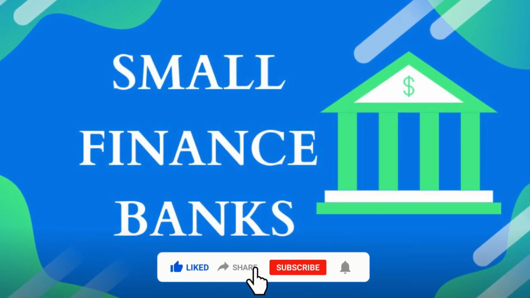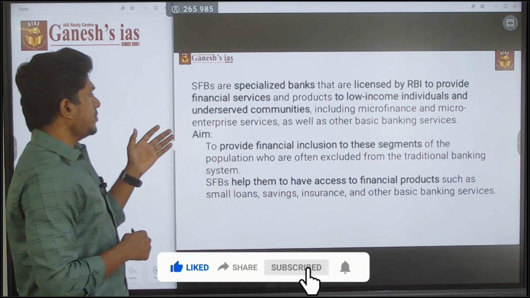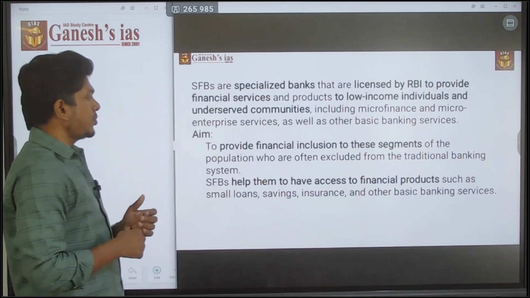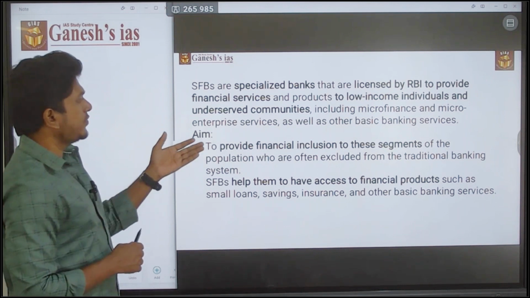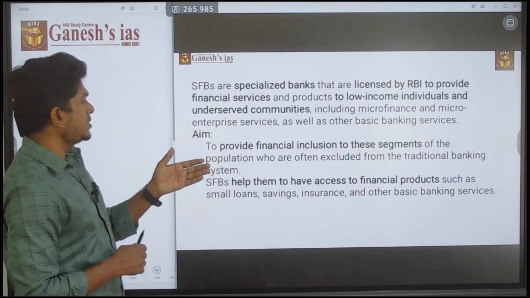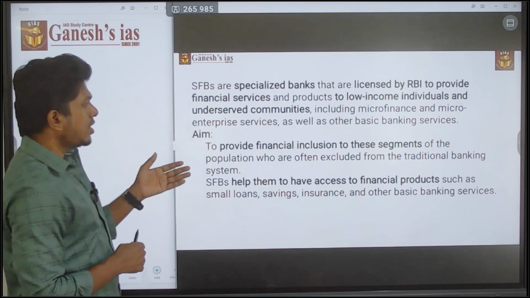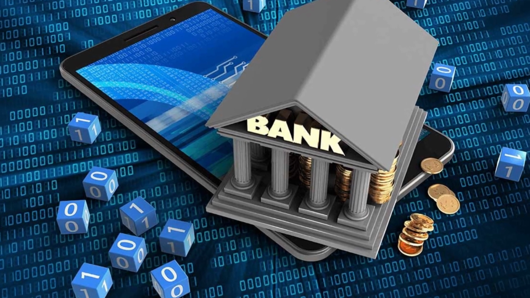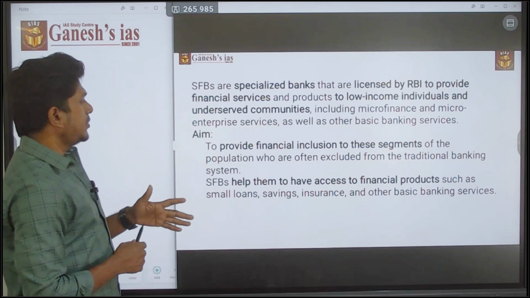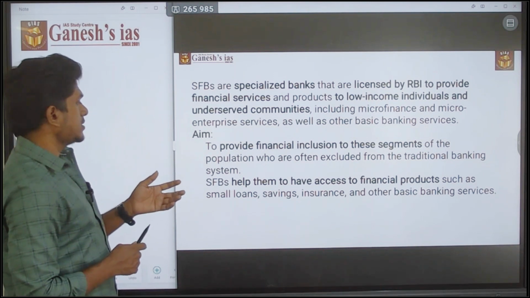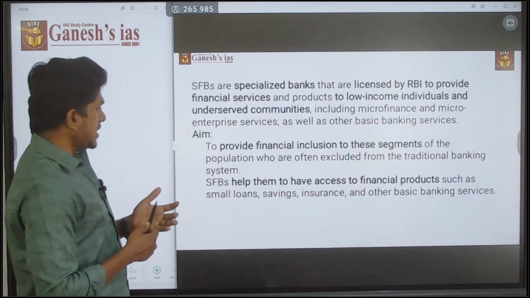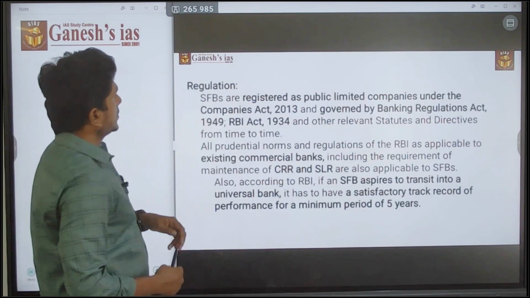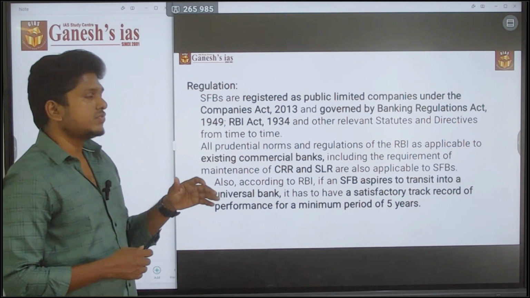It will provide microfinance and micro enterprise services as well as other basic banking services, to provide financial inclusion to those segments of the population who are often excluded by the traditional banking system. Small finance banks help them access financial products such as small loans, savings, insurance, and other basic banking facilities. So what are the regulations for them?